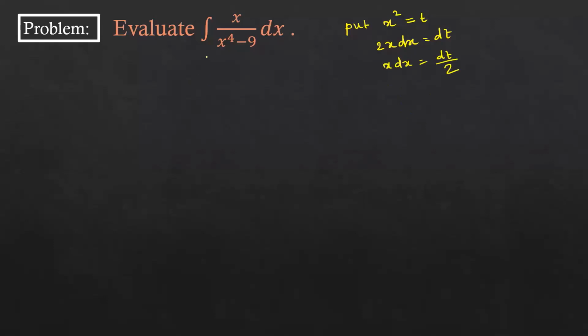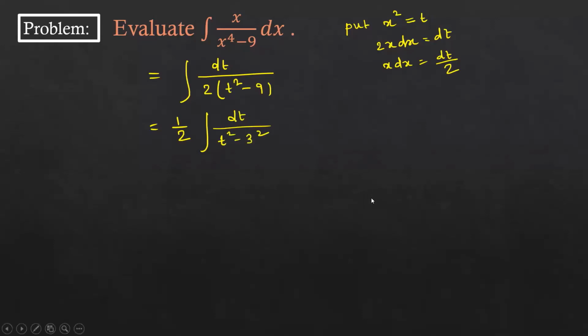Okay. Now replace that here. So actually you have integration over x dx, this whole term will give you dt by 2. And this x to the power 4 term will convert to t square minus 9. That means 1 by 2 integration over dt by t square minus 3 square.